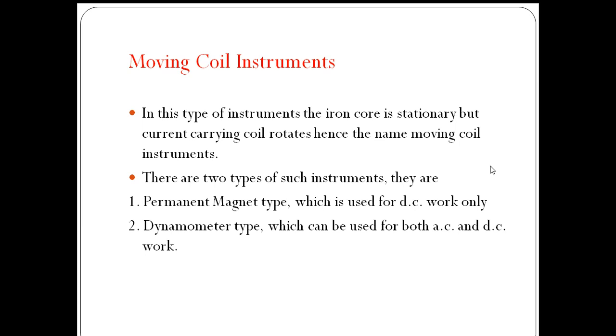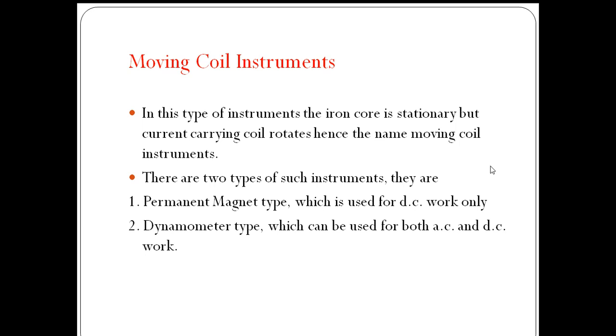The first one is moving coil type instruments. As the name indicates, in moving coil type instruments, PMMC, permanent magnet moving coil, the coil is moving. The current carrying coil moves, and this coil is placed in a stationary magnet, which is framed by an iron core.